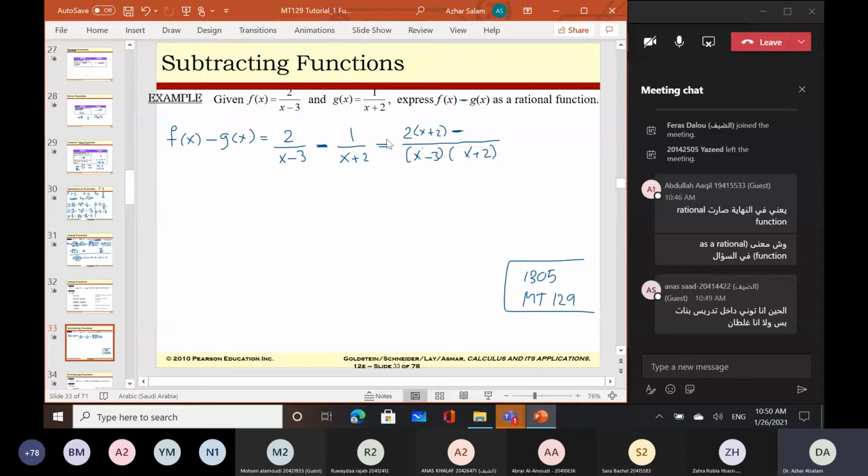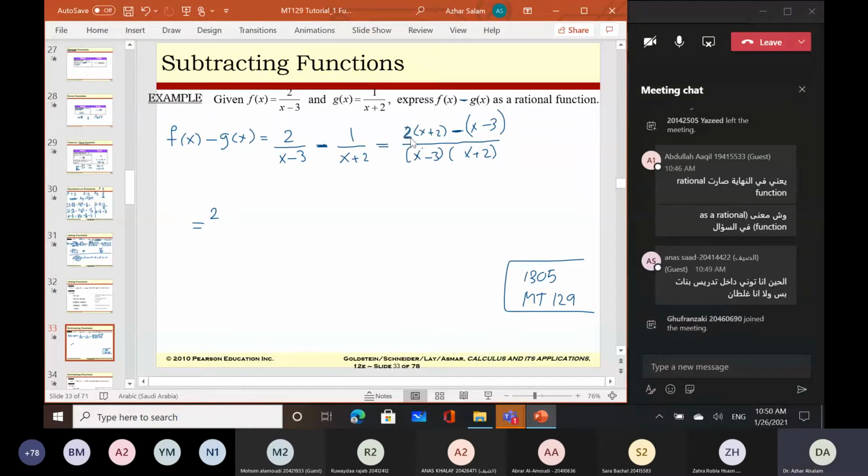Okay, now let's continue here. 1 over x plus 2, 1 multiplied by x minus 3. And I keep the brackets since I have to multiply by this sign. Okay, equals. I distribute 2 inside the brackets here: 2x plus 4. I must distribute the 2 and open the brackets, 2 multiplied by x and 2 multiplied by 2.